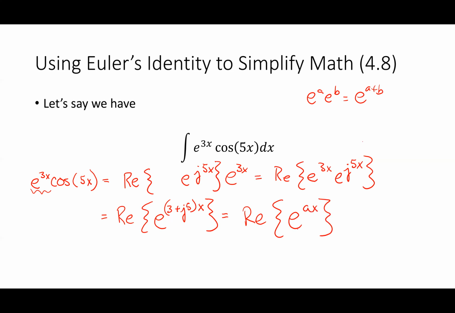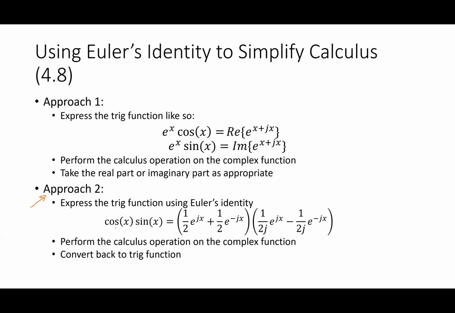Now, what I was suggesting on this other slide is that if I have an integral of something like e to the x cosine x, I get that expression into this real part or imaginary part form. Then I do the calculus operation on the complex function, and I forget the real part.